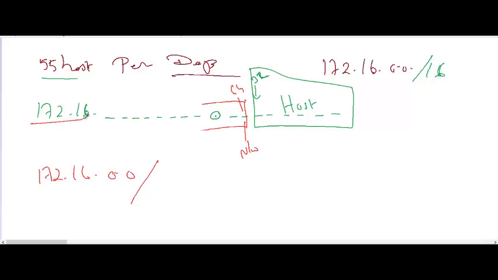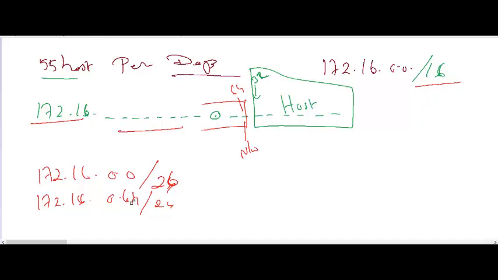Now 172.16.0.128, isn't it? You need to increment by 64. Next, 172.16.0. Add another 64. What do you get?